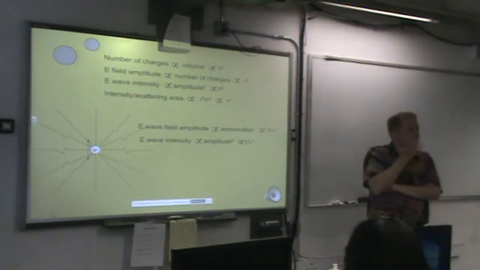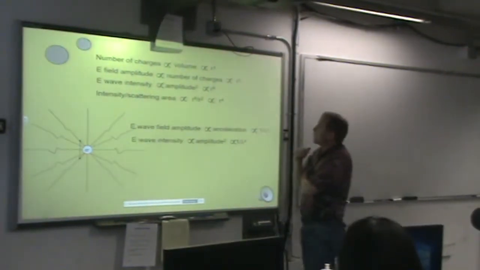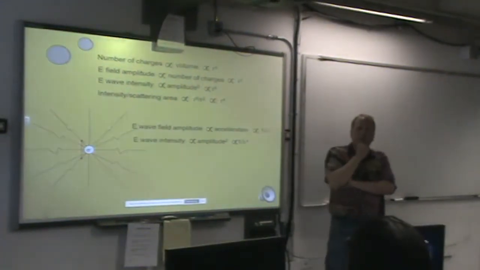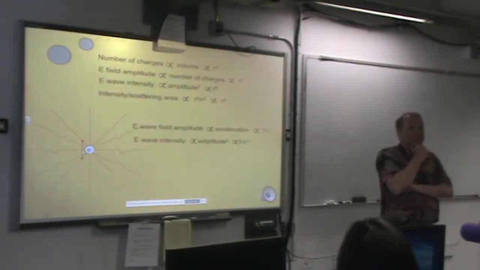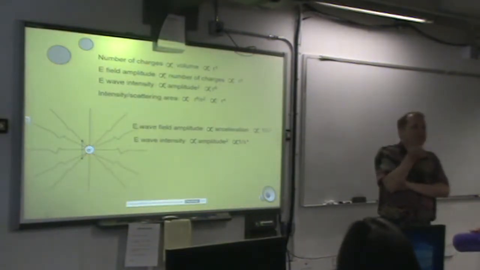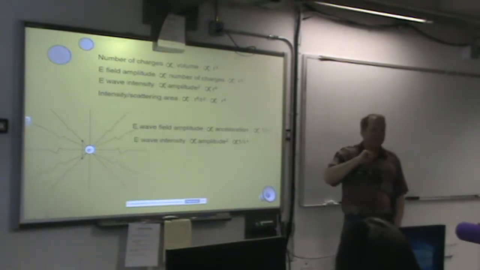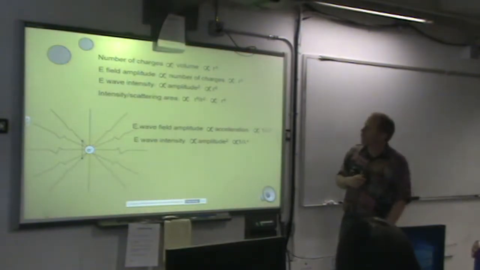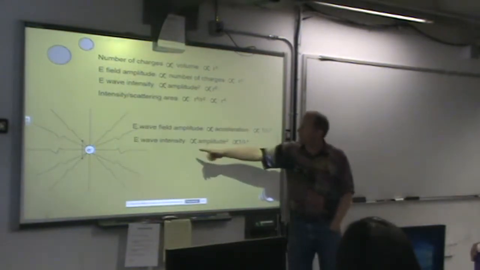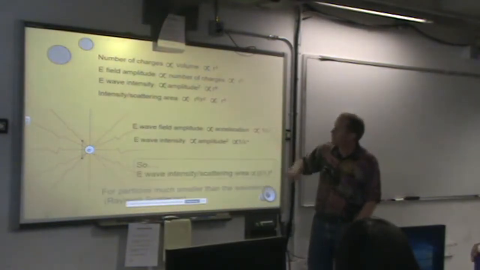Force and acceleration always go together. Now, the acceleration is the second derivative in time, so it's going to go as frequency squared, which means 1 over wavelength squared. Then we have to do the same thing again: E field intensity goes as the square of the amplitude, 1 over wavelength to the 4th.